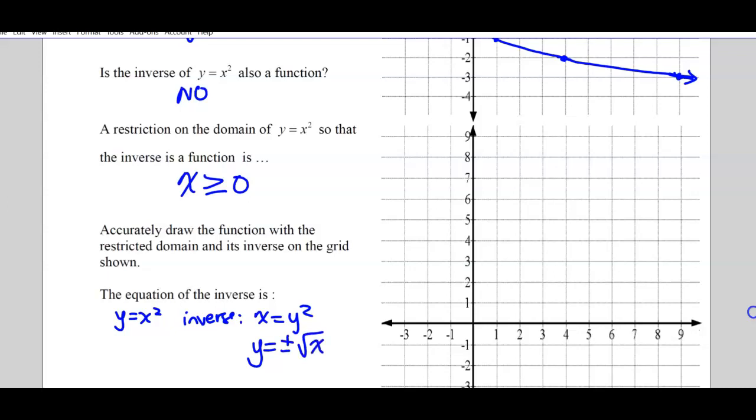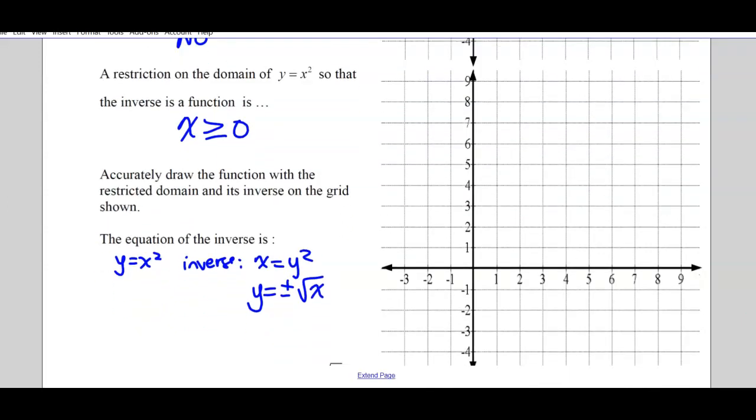That gets us both arms. If we are restricting our domain to just be the right-hand arm, then that's going to be the positive arm of this, which means for the restricted domain, the inverse is y equals positive root x, which we don't have to show the plus.